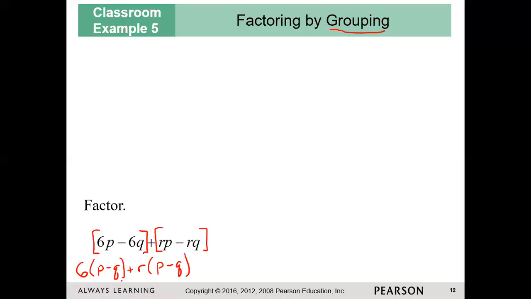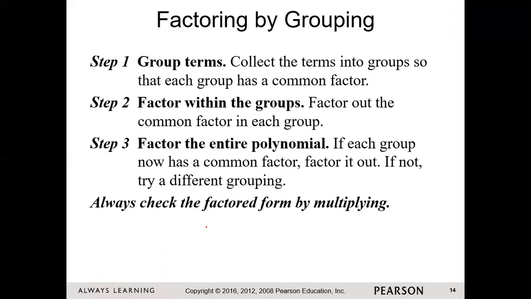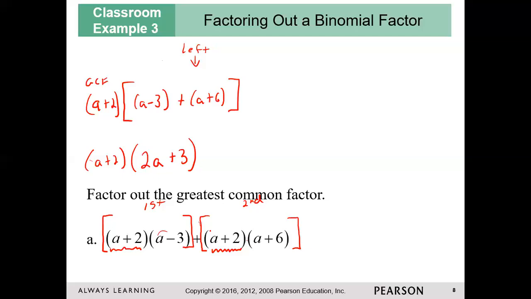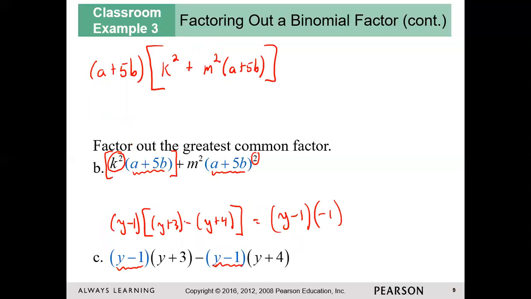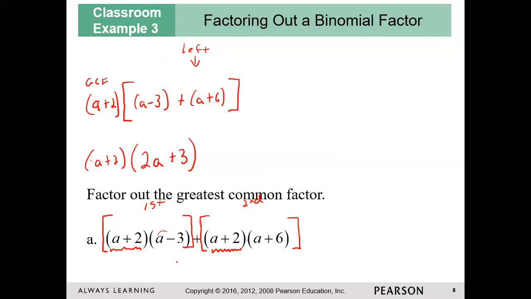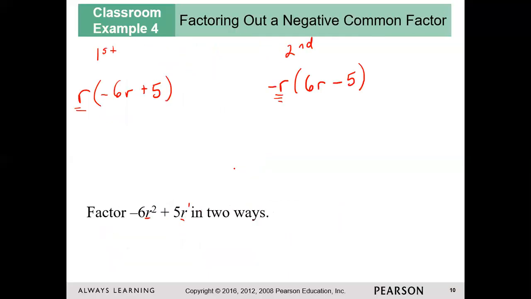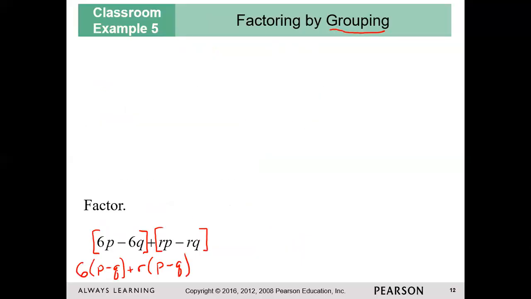And now this is starting to look exactly like these problems, where you had these sets of parentheses in both of the terms. You had an a plus 2 and an a plus 2. You had a y minus 1 and y minus 1, an a plus 5b and a plus 5b. Over here, you have a p minus q and a p minus q. So you have the same stuff in both sets of parentheses.